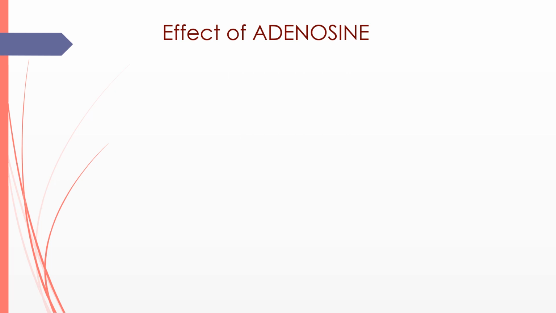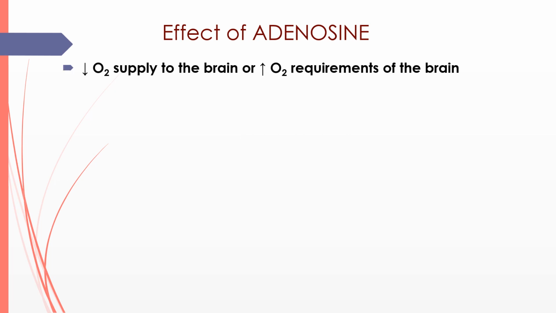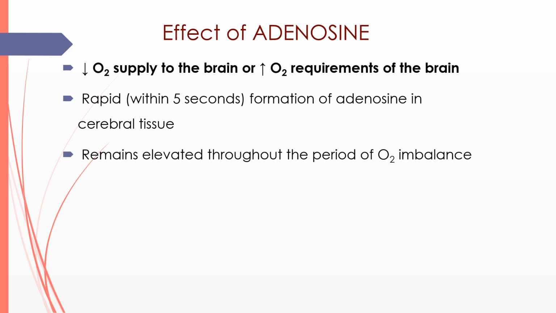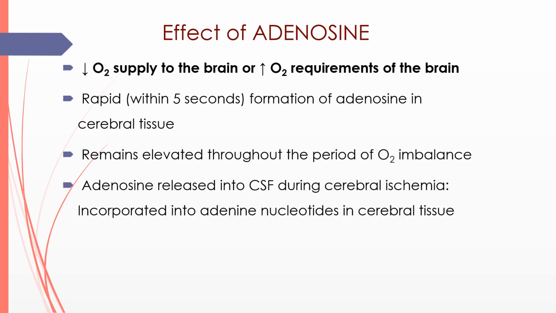Coming to the effect of adenosine, when there is decreased oxygen supply to the brain or increased oxygen requirement of the brain, there is a rapid formation of adenosine in the cerebral tissue, within 5 seconds. That remains elevated throughout the period of the oxygen imbalance.